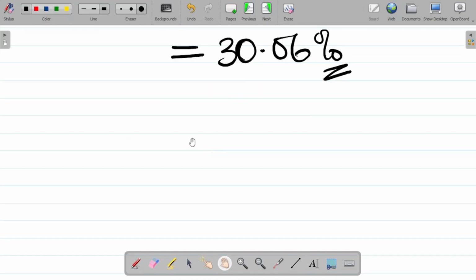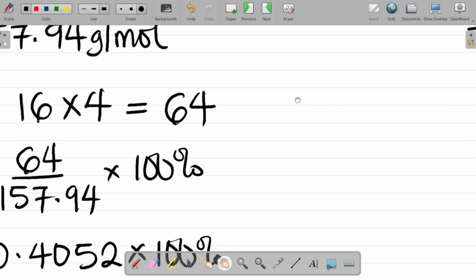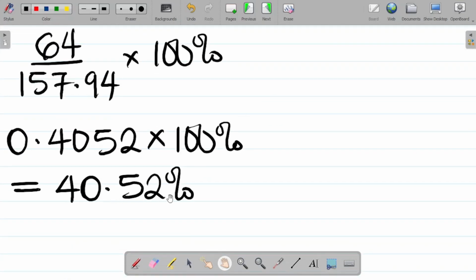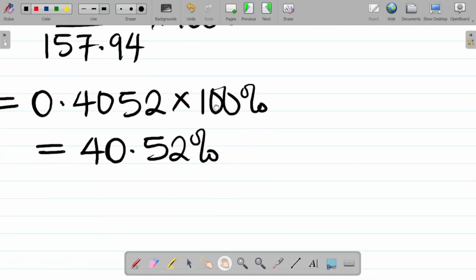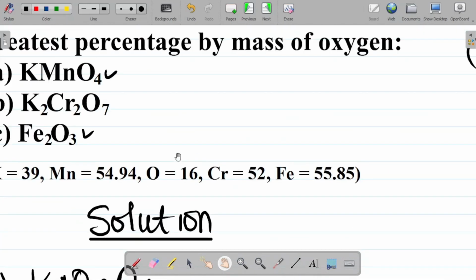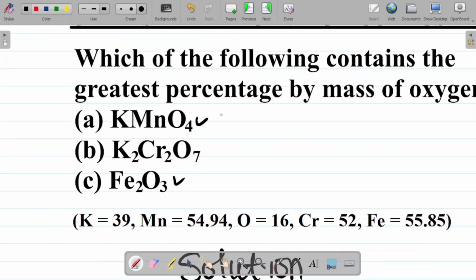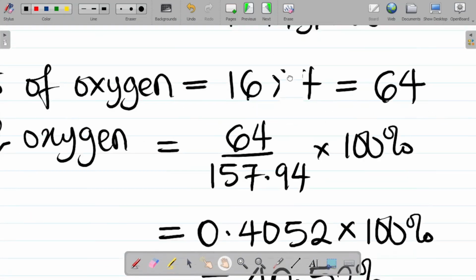You can now add your percent. In our first solving here, our value was 40.52%. For the third one, we have 30.06. For oxygen here, oxygen occupies 40.52% according to our calculation, as you can see here.